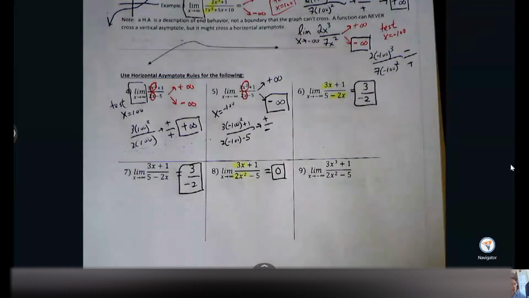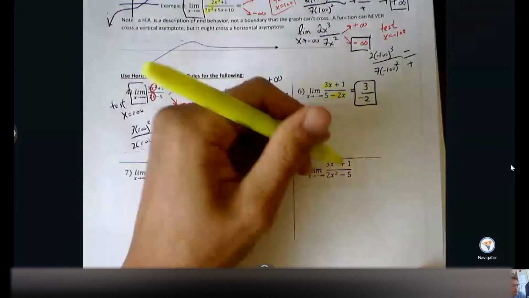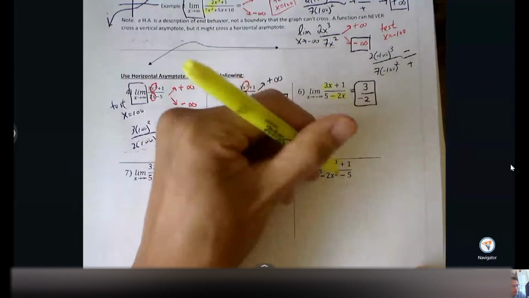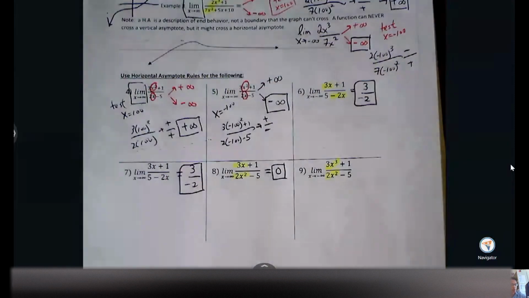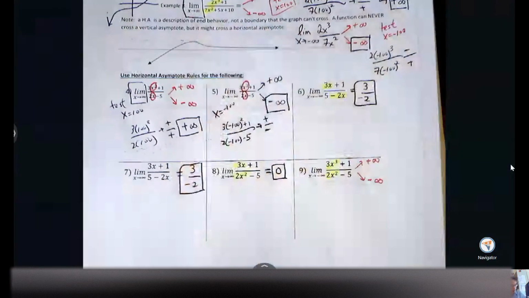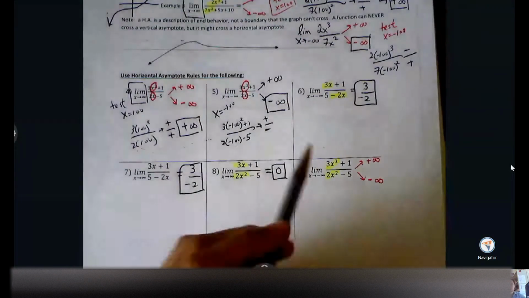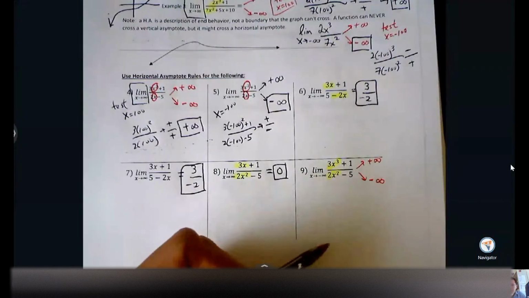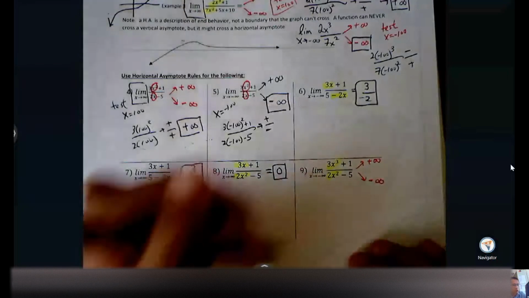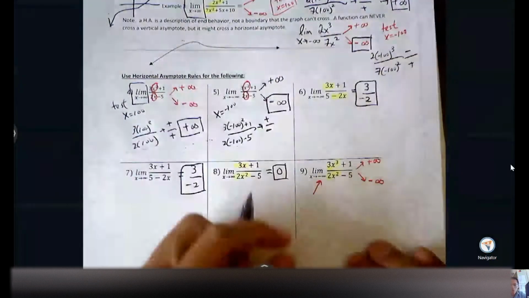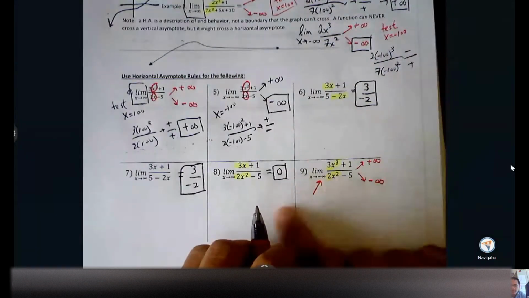Okay, number 9. We're approaching negative infinity. Compare degrees. Okay, numerator wins out. The way we decide which way to test, we're exiting the graph to the left.